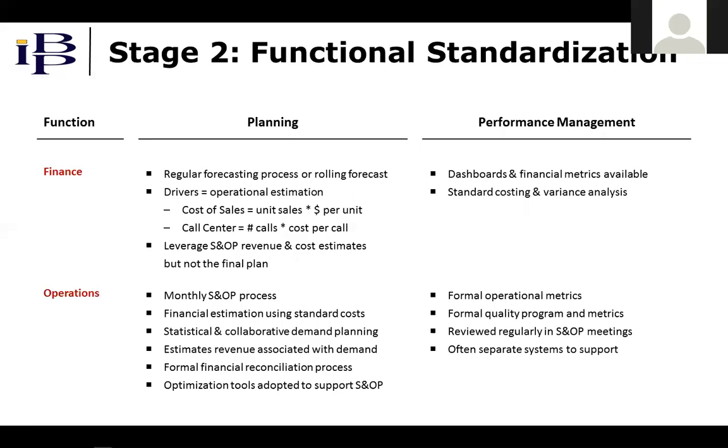They may have bought a sales and operations planning system. From a financial perspective, they may be using some drivers, which I call operational estimation. So it might be cost of sales equals the number of units sold times the dollars per unit, or in a call center, the number of calls times cost per call. And they may leverage some S&OP input from sales and operations planning, but it's really not the final plan.